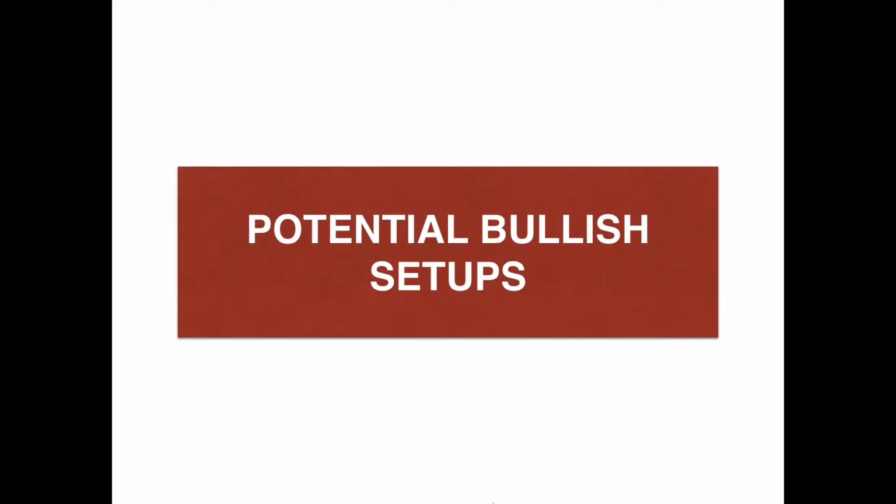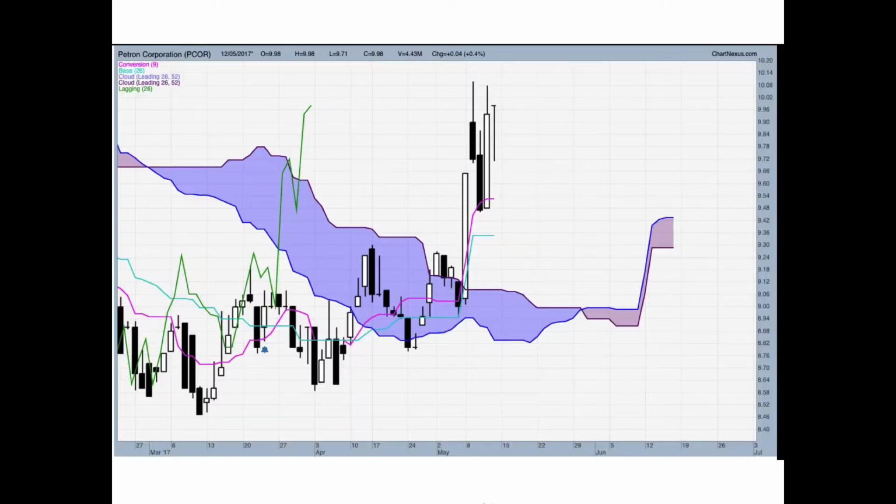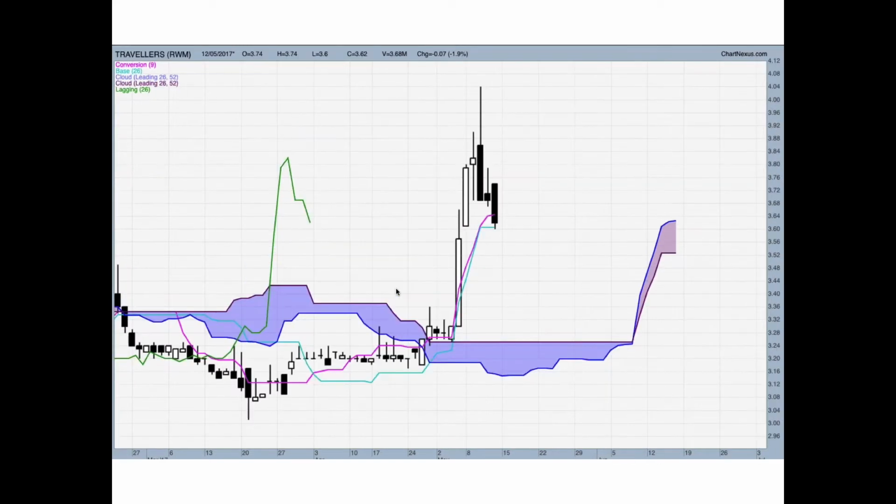Potential bullish setups. I'd like to show you some potential setups that you might be interested in. I already showed you this one. P-Core is a bullish setup because it just crossed above the Kumo, and the Kumo is pointing upwards.